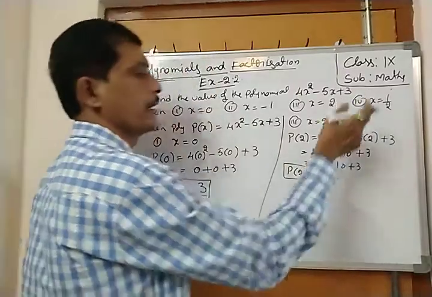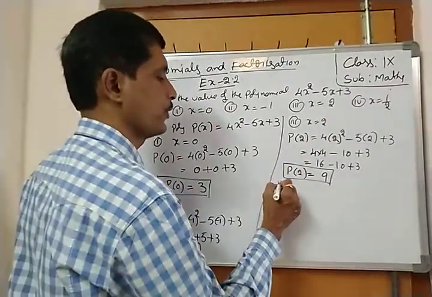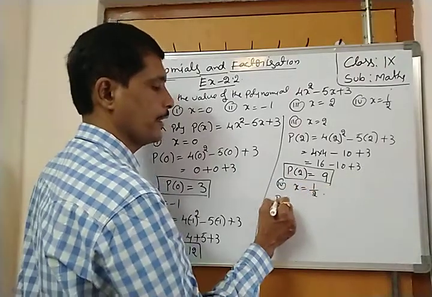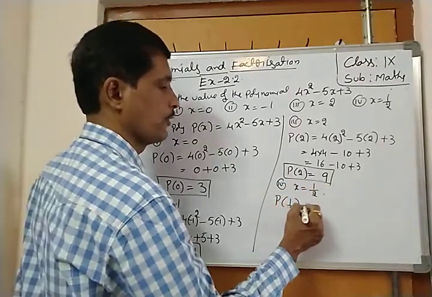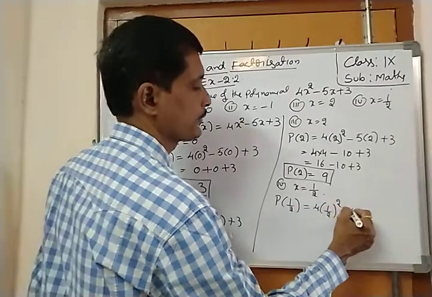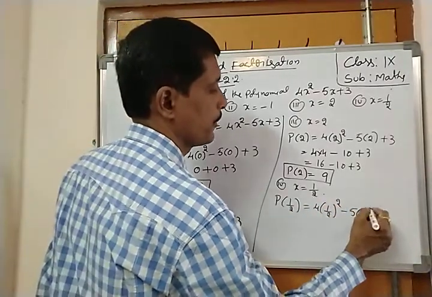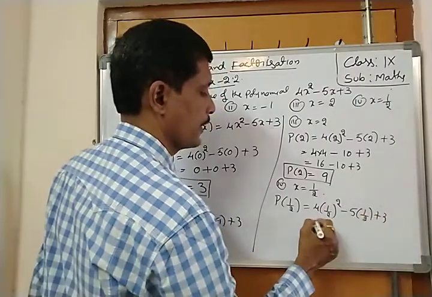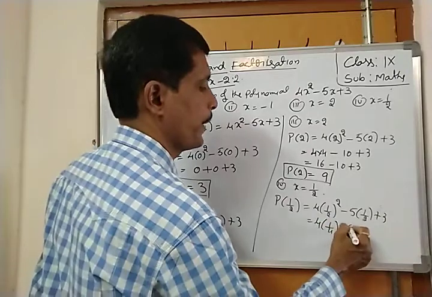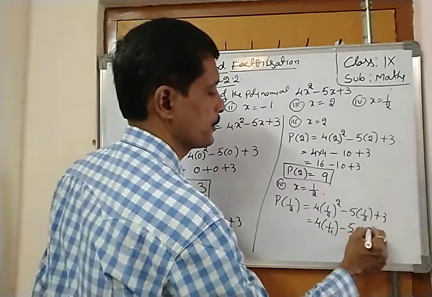Next, the fourth one is x equals 1 by 2. Substitute. P of 1 by 2 equals 4 into 1 by 2 whole square minus 5 into 1 by 2 plus 3. Here 4 into 1 by 2 whole square is 1 by 4, minus 5 by 2 plus 3.